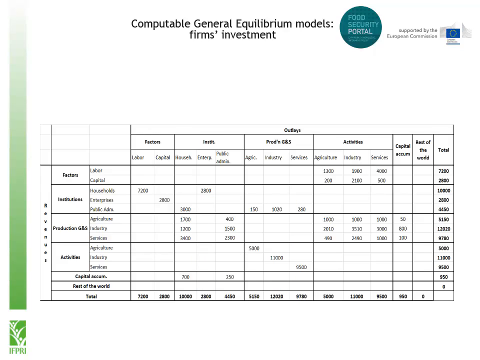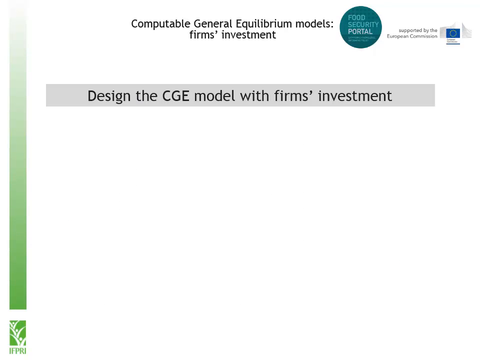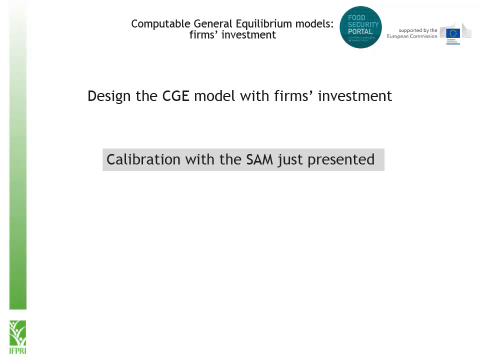And so you see that the investment modifies the supply equal demand equilibrium in each sector, but also it modifies the macroeconomic equilibrium condition because it's in the column accumulations of capital. So you have to design this new computable general equilibrium model with firms' investment, and you have to calibrate it with data coming from the social accounting matrix that I just presented.